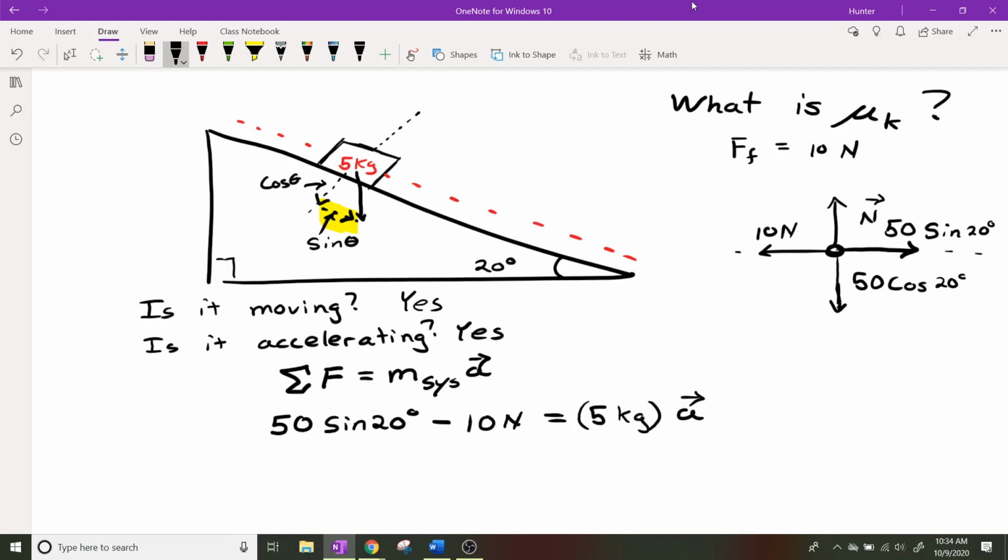What is 50 sine 20? 17.1 newtons, right? Y'all already found that one earlier, didn't you? 17.1 newtons minus 10 newtons is equal to 5 kilograms times the acceleration.